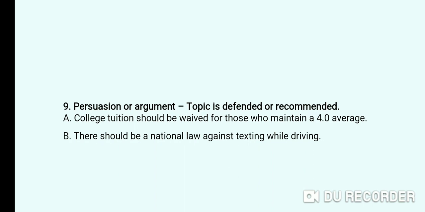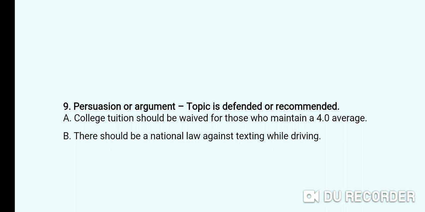Ninth one is persuasion or argument. Topic is defended or recommended. Okay. So, whatever you say, your statement, you are supposed to give a solid argument, so that whatever you want to do, the reader will follow your instructions or your directions.